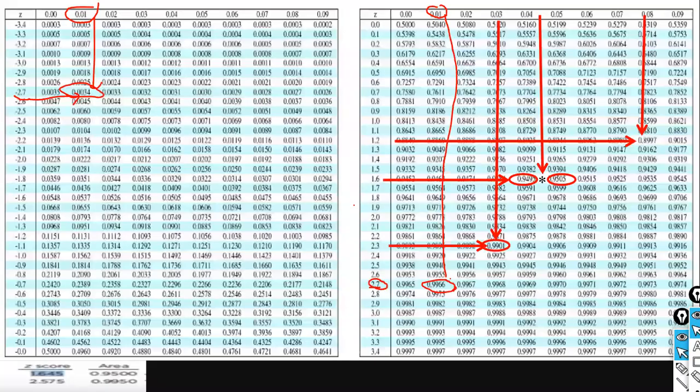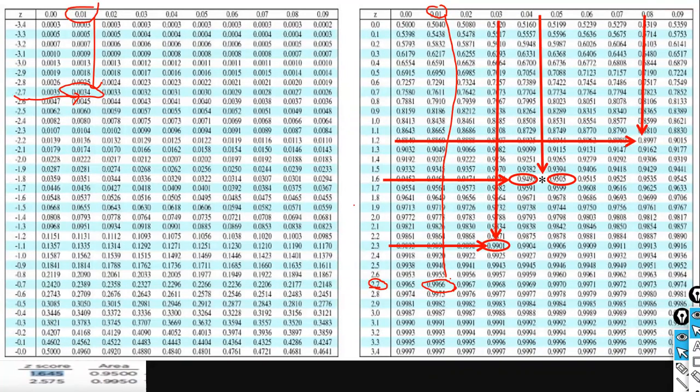We have something called the Z distribution table. Look at 1.6 here. The total area under the curve is 1, right? And the alpha value I'm going to consider is 0.05. 1 minus 0.05 is 0.95.